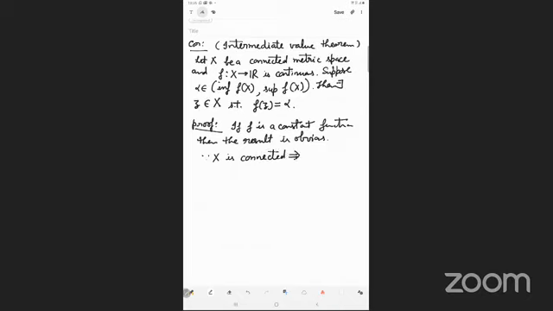And if f(X) is connected, since f(X) is a subset of R, it is either a singleton or an interval.